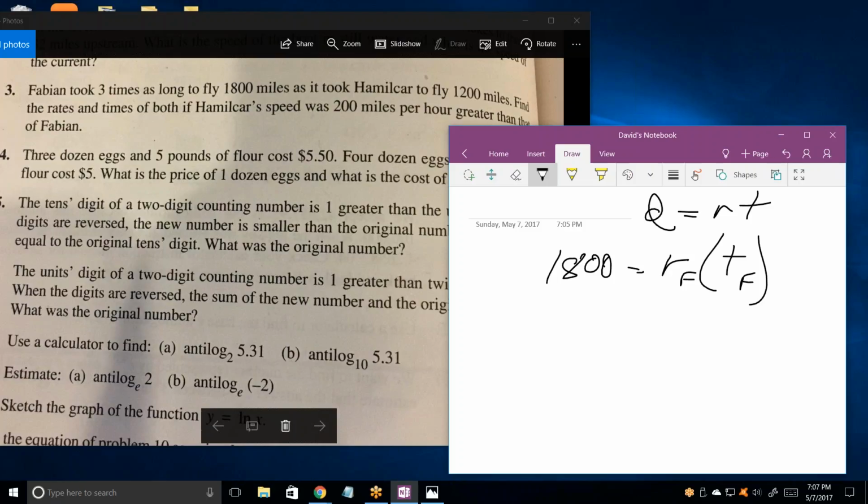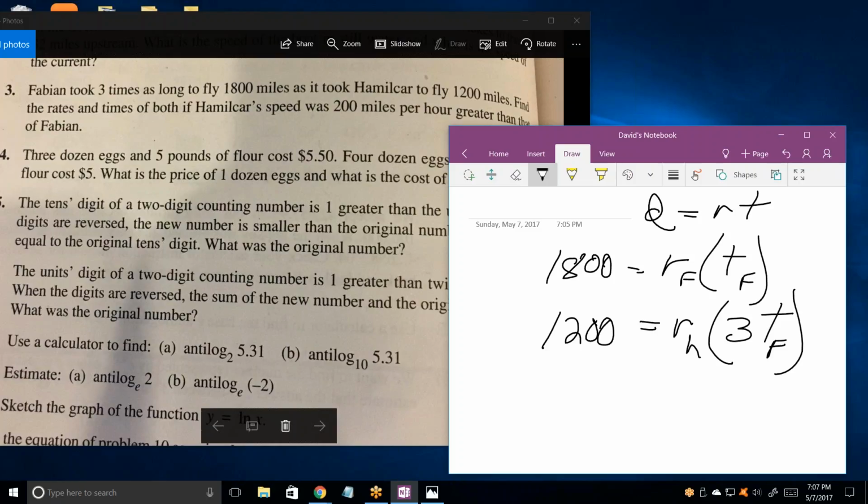So that's a true equation. And it took Hamilcar 1,200 miles to go the rate of Hamilcar, times the time, and it's not the time of Fabian, but 3 times longer.